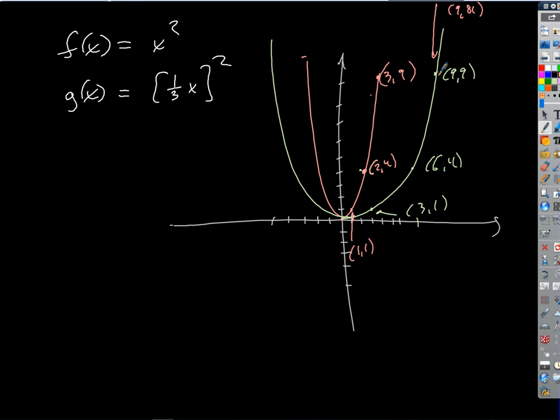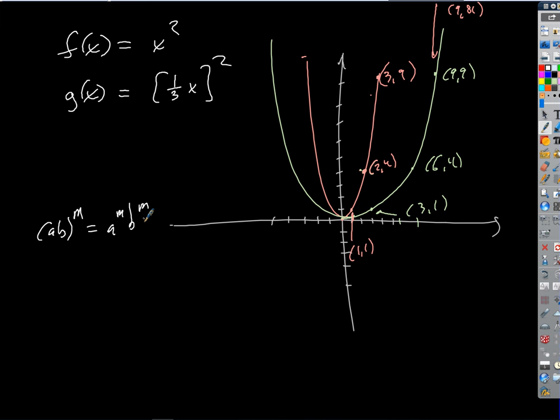Can we show that mathematically? Yeah, pretty easily, right? What are the steps if I apply properties of exponents here? I've got a product of 1/3 times x. If I have a product to a power, what's the property of exponents that I can use? Like if I have something like a times b to the m, what's that equal to? Yeah, it's just a to the m times b to the m.